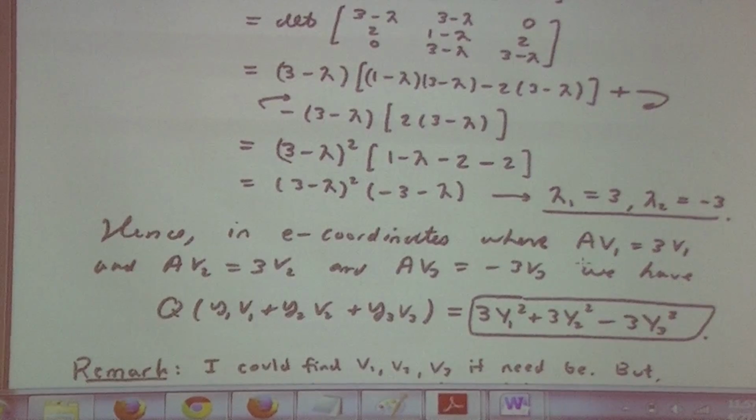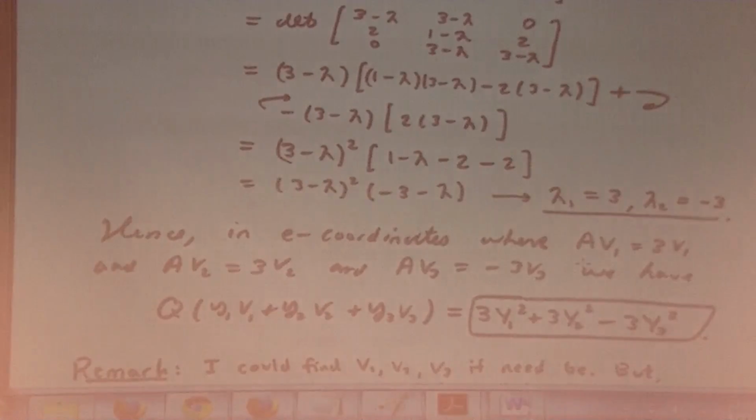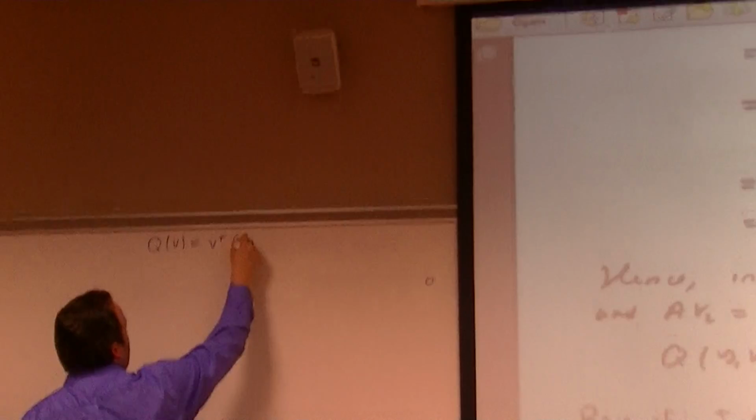Why did you choose y1 squared? We work this out in general. Here, let me work it out again. Suppose I have Q of V equals V transpose A V, right? And then I want to do a coordinate change.